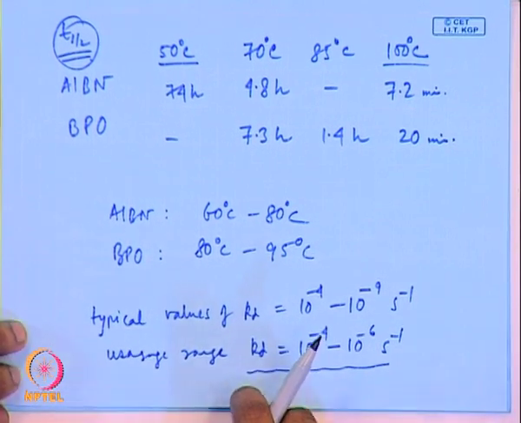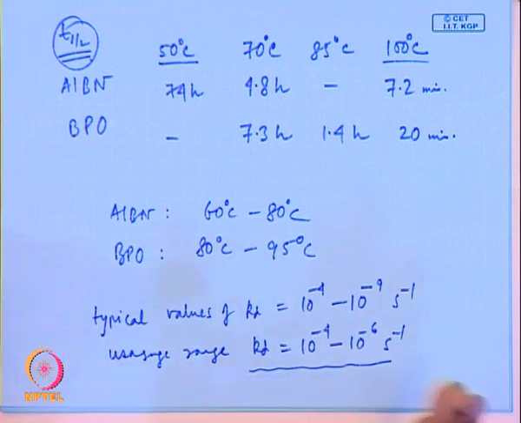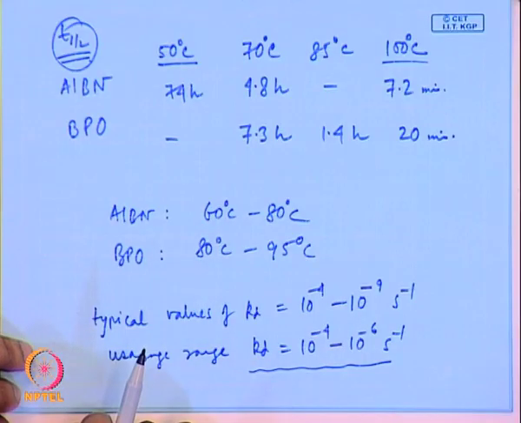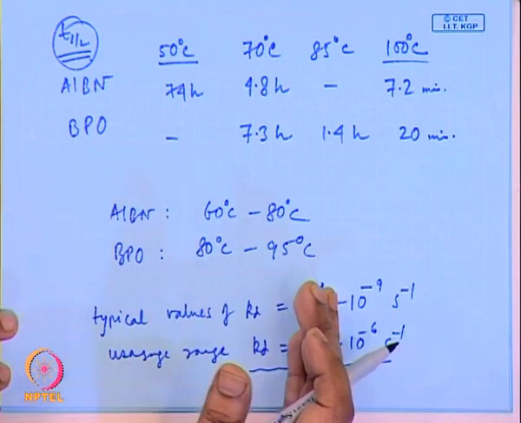So, we now know what molecules are typically used for thermal initiation, what criteria an initiator molecule should meet, and, looking at the t half values at different temperatures, we should choose a temperature and initiator combination for a particular reaction.